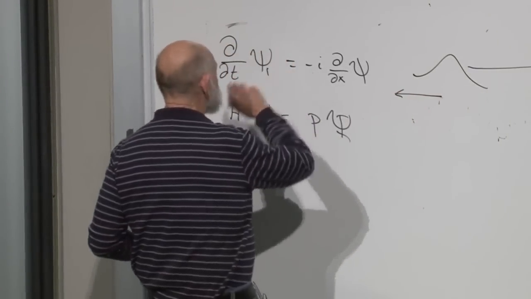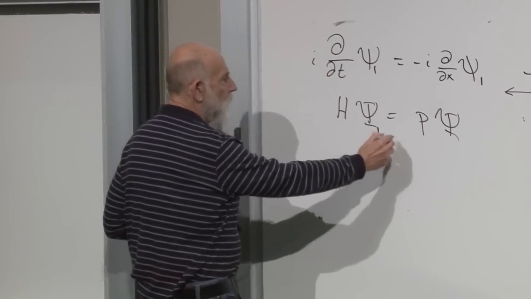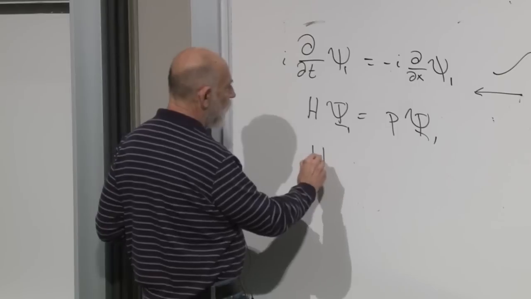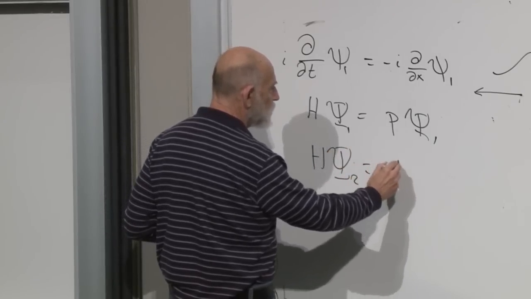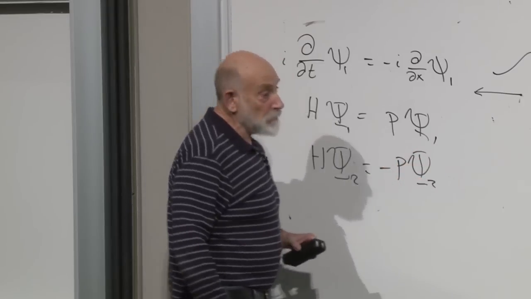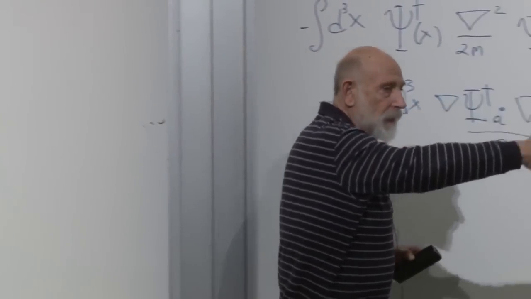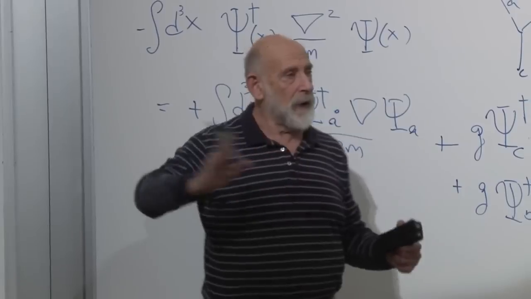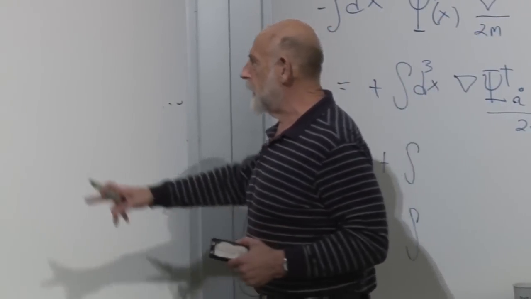So we could call this one psi 1, and we invent another one, H psi 2, a completely different particle, equals minus P psi 2. A particle whose energy is minus the momentum. And this just interchanges plus momentum in that direction, right, with minus momentum in that direction. And so this particle clearly propagates to the left.